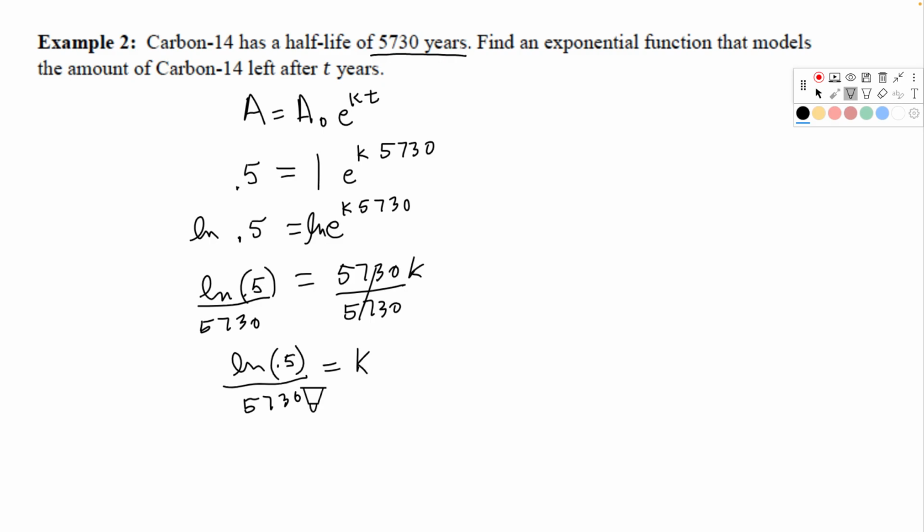On this calculator I have to enter 0.5 and then natural log. There it is. I get negative 0.69314. You divide that by 5,730 years, and I come up with k equal to negative 0.00012.